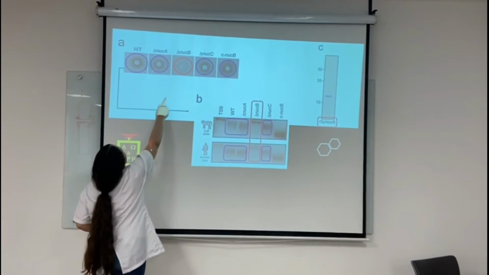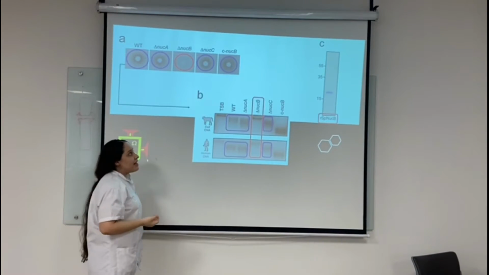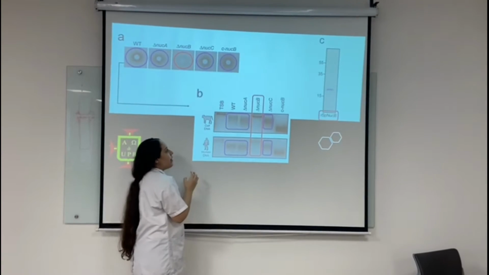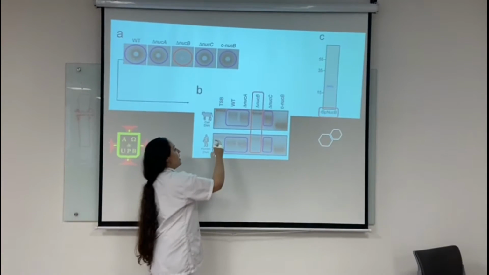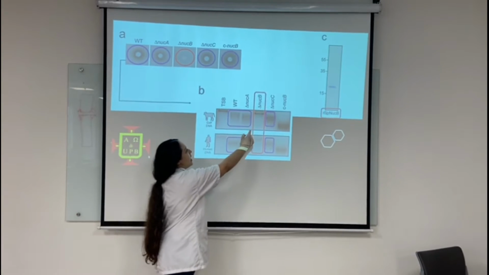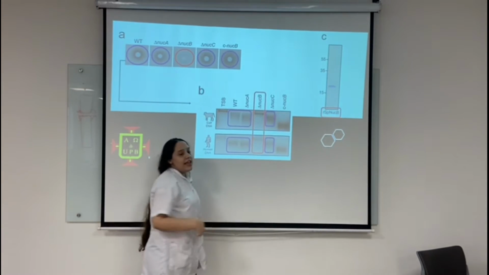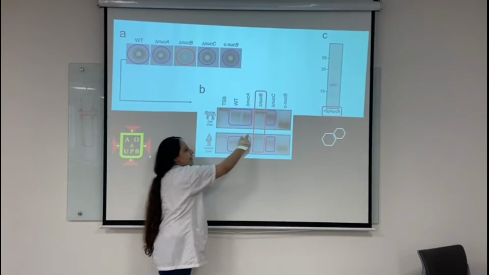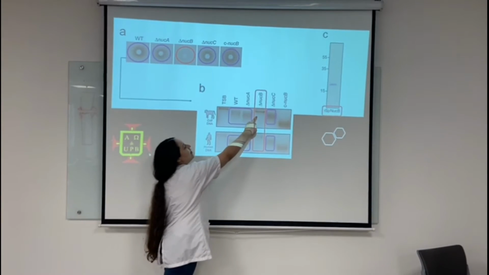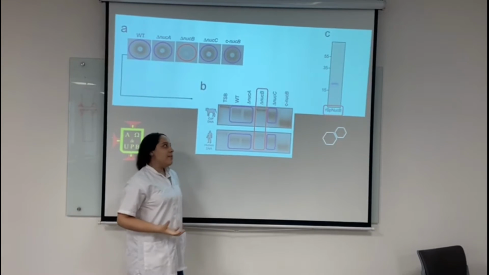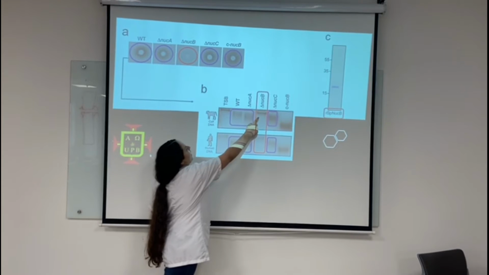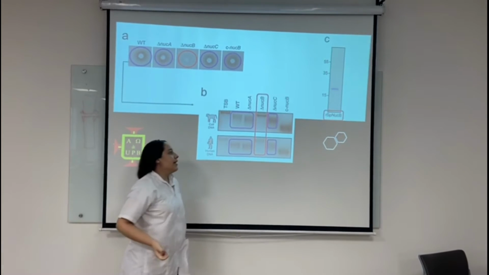In this red circle, we can see the bad activity of the mu B. Here we can see the comparison of the activity of the wild type with the mu A and mu C. They have similarity, but this important one is mu B. They have a darker band, and for example, the band spreads differently in the cow than in the human.